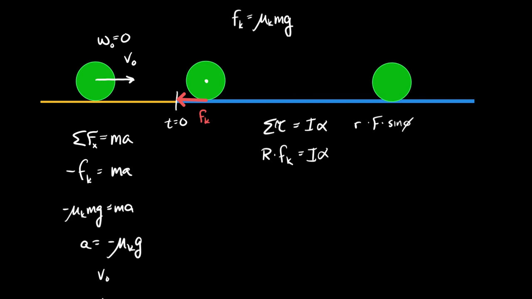Good so far? All righty. Well, I can write this as R mu k mg equals I alpha. And since we are going to be going to the point where it's rolling, I think we can also make the final statement, which we're going to need here, which is eventually we know that v final has to equal omega final times R. That's the condition for rolling, right?